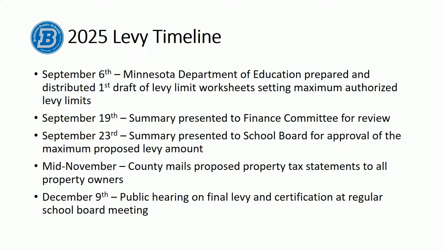We reviewed this at the Finance Committee as of September 17th, and it's also being presented tonight. The runs are put out almost daily by MDE, so later on I'll talk about what we're currently at. But as of right now, we're talking about 6.84%. Mid-November, the county will mail out the proposed tax statements, and then on December 9th we'll have a public hearing, and that's where we can certify the final levy.